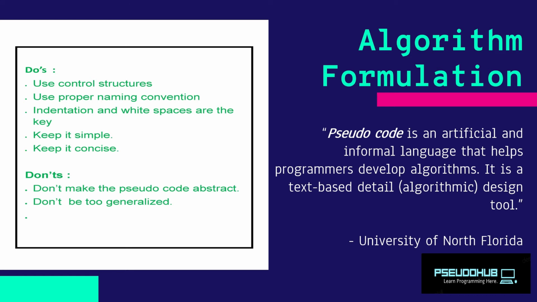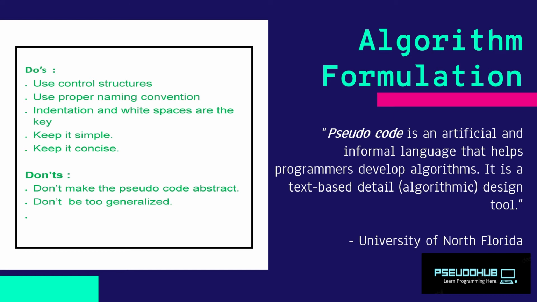And then you have to indent and use white spaces as well because it's very important to organize our code. It's better if I show you later how to do indentation and white spaces. Okay, so another one is we have to write pseudocode by keeping it simple and concise.